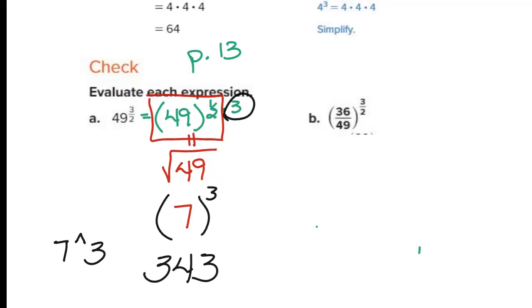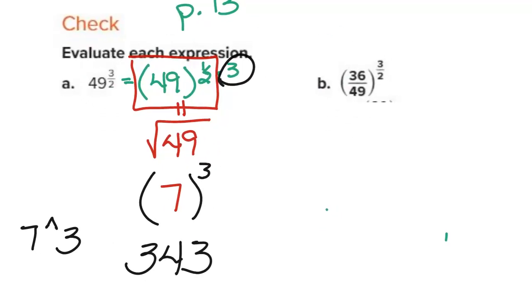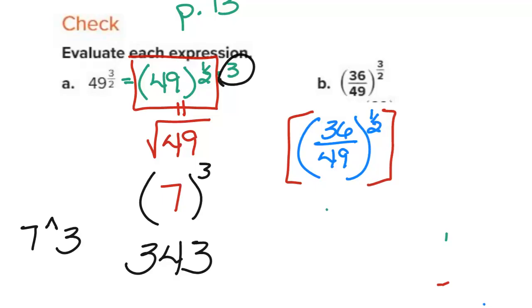All right. So let's take a look at letter B. We have 36 over 49 to the 3/2 power. We are going to break that down into 36 over 49. I know 3/2 is to the 1/2 power, right? And then I could also take that times 3.